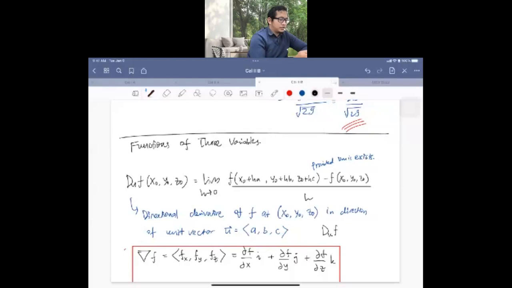And still the directional derivative is the gradient vector dot product with the unit vector u. Okay, I will stop here with these sections, the directional derivatives and the gradient vectors.